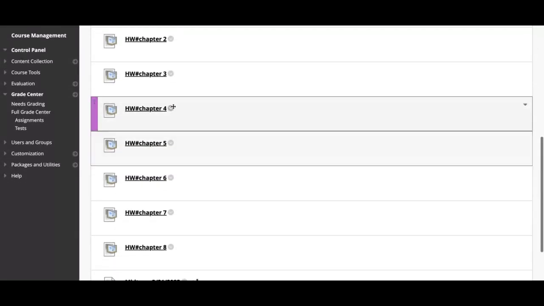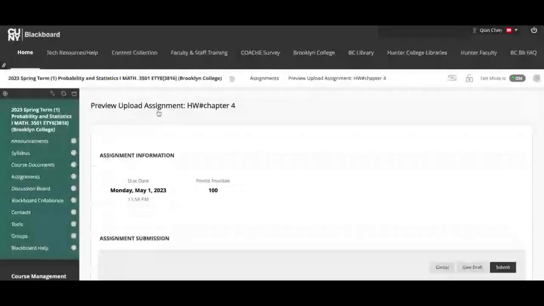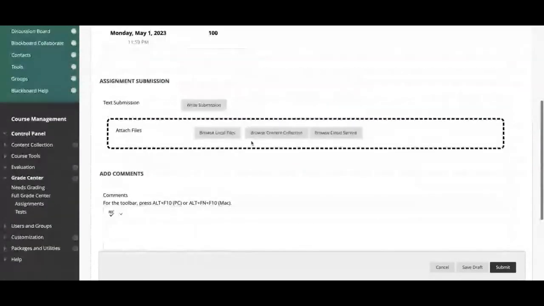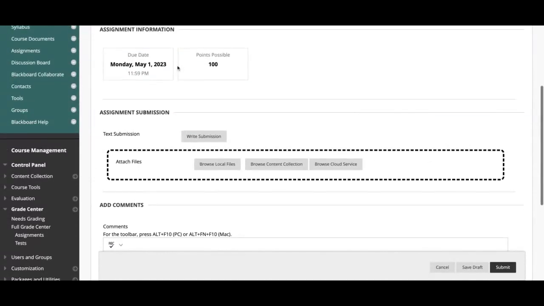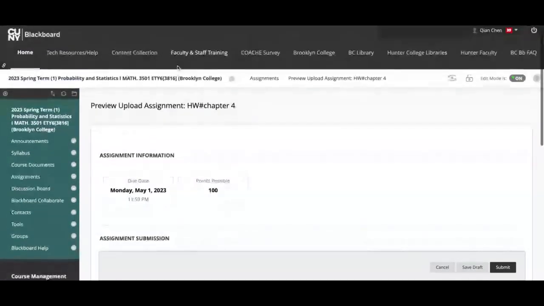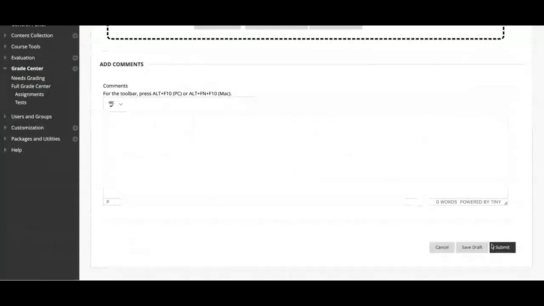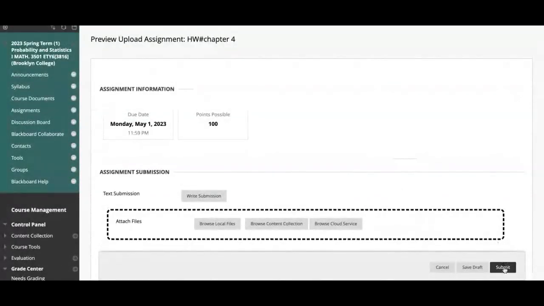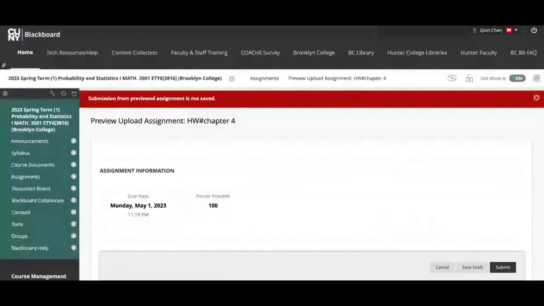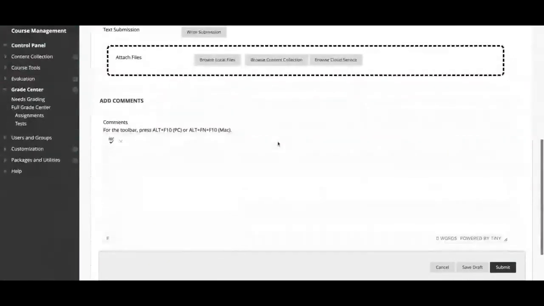So homework 4, when is it due? May 1st, chapter 4, May 1st. Oh, I haven't changed it. I need to change this. That's too far away. Let me change this, because at the beginning of the semester, I just did it randomly.